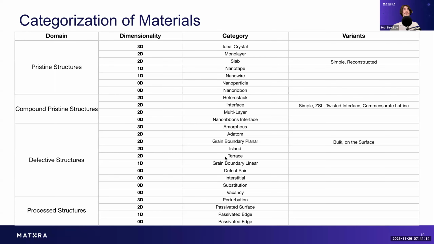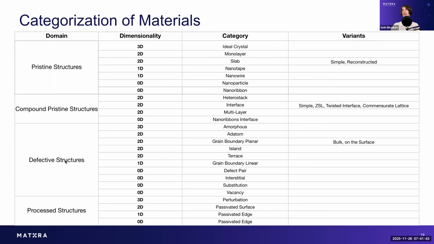To make it easier to find specific material transformation, we use categorization that you can see here, where we split materials into domains. For example, pristine structure, which is a simple material such as just ideal crystal or a slab. Next one is compound pristine structures, which combines multiple pristine materials, for example, in the interface.